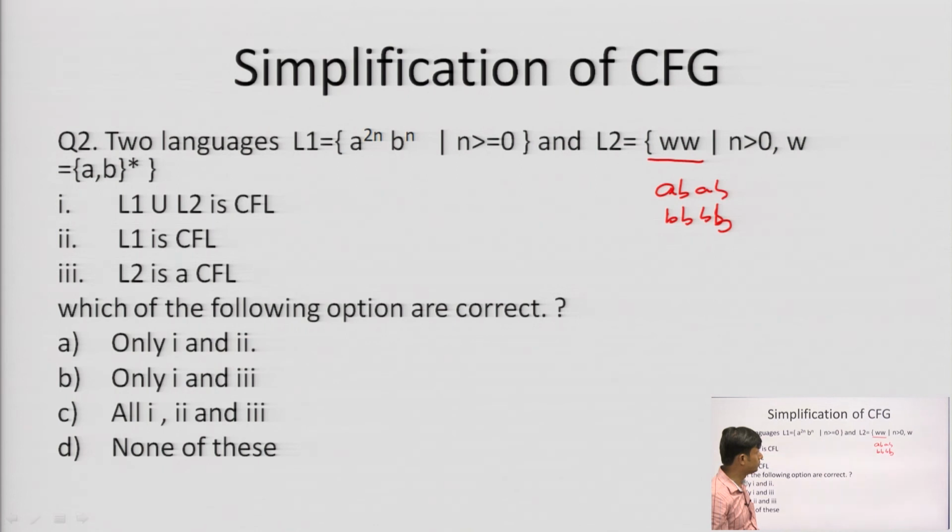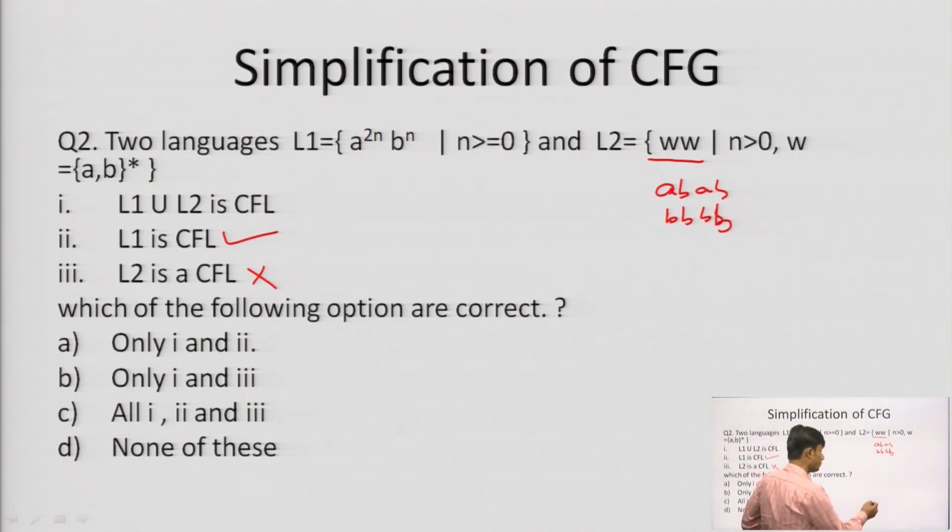So, the third option is wrong. L1 is a CFL, so what about L1 union L2? If L2 is not a CFL, then this will not be accepted by the pushdown automata, it will go to a higher machine, and be accepted by the Turing machine.